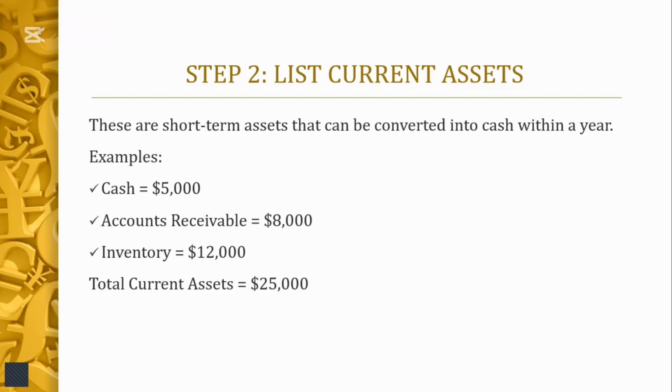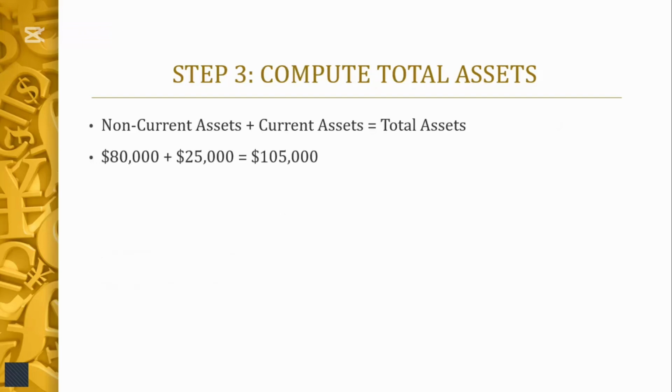In this case, when we add all three up, we arrive at $25,000 for our total current assets. So when we compute our total assets, it will be our non-current assets plus our current assets, and therefore we will have $80,000 plus $25,000, giving us a total of $105,000.